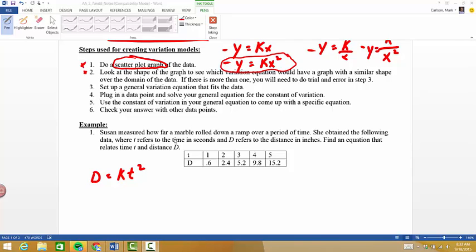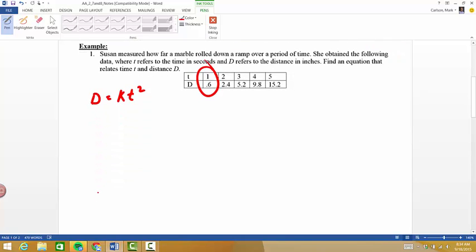Now I'm going to pick one of my data points to plug into my equation. It really doesn't matter. I'm just going to pick this first one right here, 1 and 0.6. If I plug that into my equation, I can find my constant of variation. So 0.6 is equal to k times t squared, or 1 squared. 1 squared is 1, so really k is equal to 0.6.